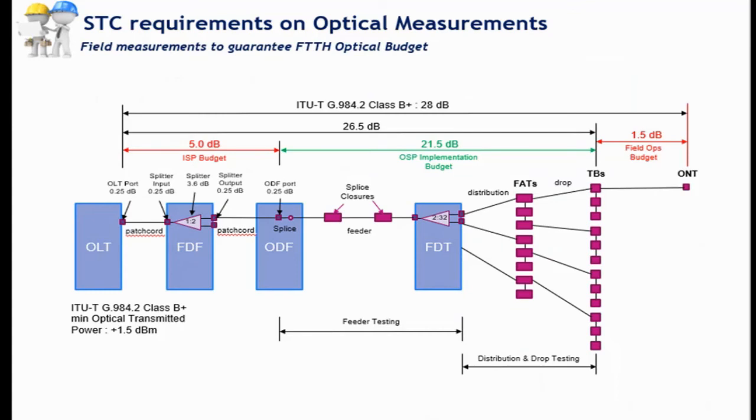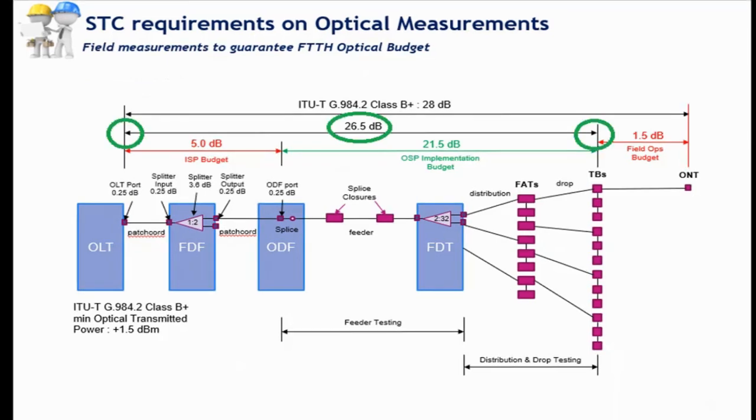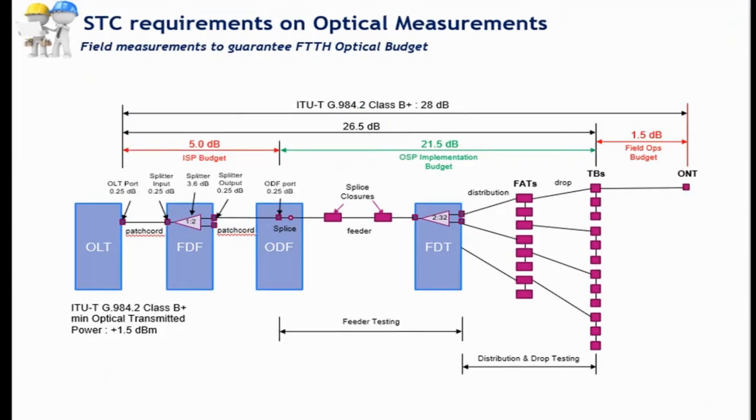As you can see on this slide, the OSP implementation budget is 21.5 dBs. The 26.5 budget stated in the guidelines is from this point to this point. The GPON Class B standard end-to-end optical budget is 28 dBs.